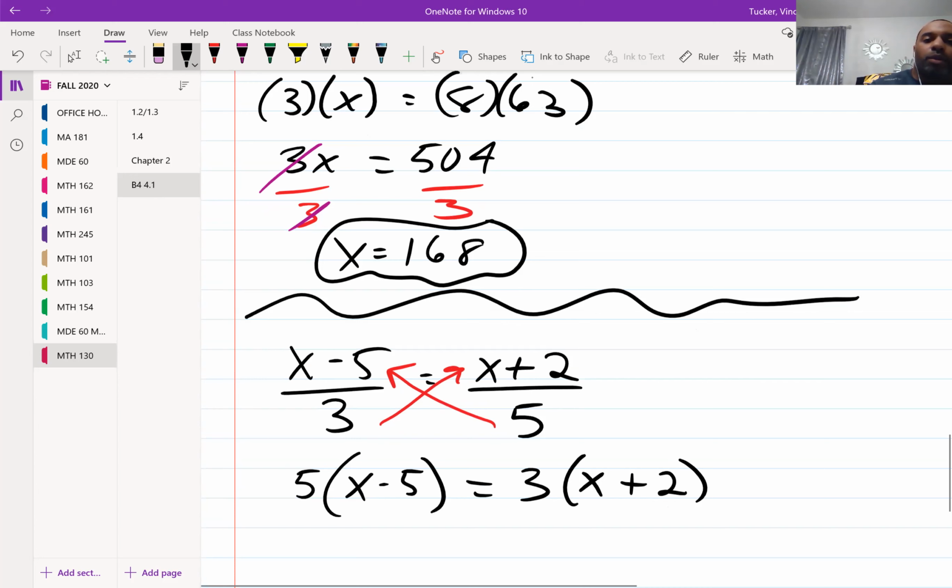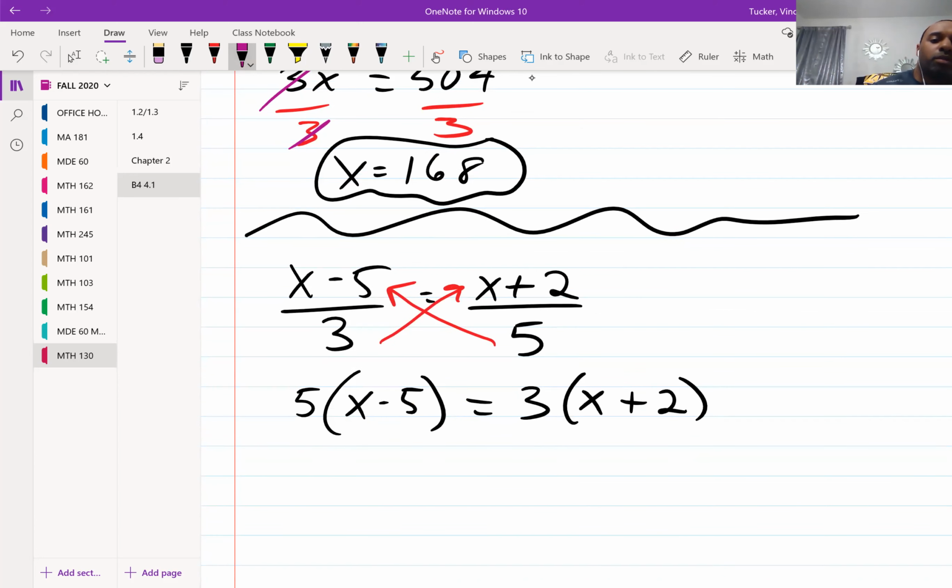All right, so now we can distribute. That's 5x minus 25 equal to 3x plus 6.